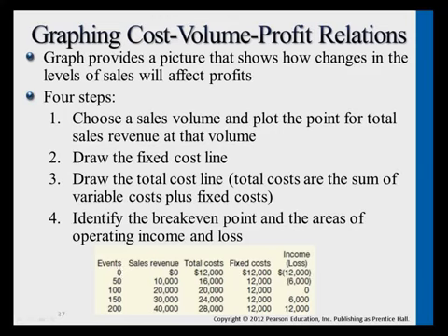Because if we do not have any events, if events are zero, our revenue is again 0, correct? So we'll start at the origin 0. Do you remember how we had fixed and variable cost last class and we didn't really start at 0? So I want you to pay attention to this. Right here, your events and your sales revenue are both 0.